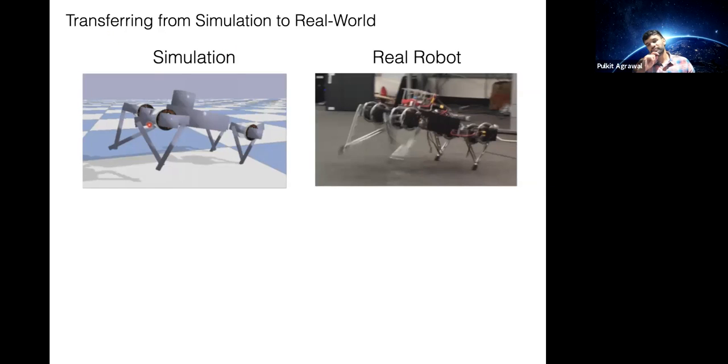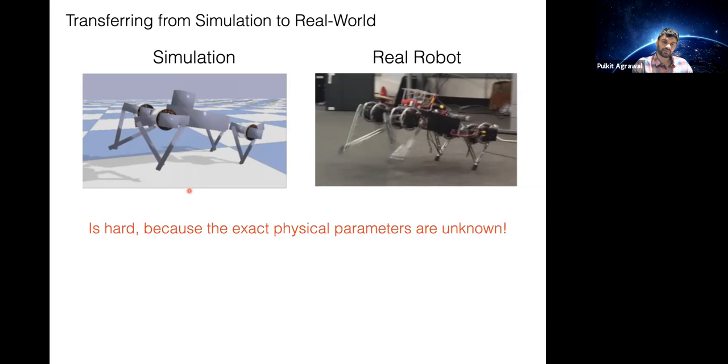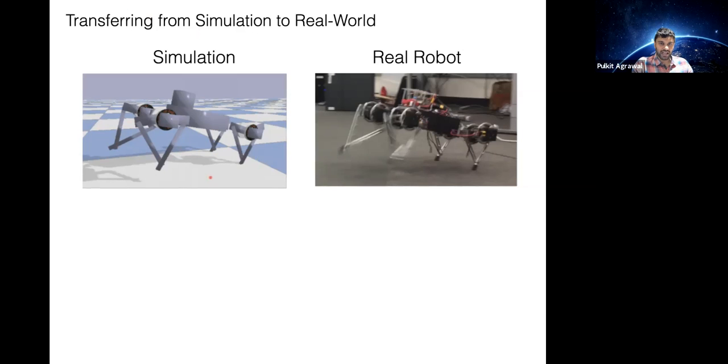So one thing is, we have trained these policies in simulation, but now we need to deploy them in the real system. So now the question is, if I'm trying to transfer from simulation to the real world, then what ends up happening? For this, we have a small poll which I just launched.